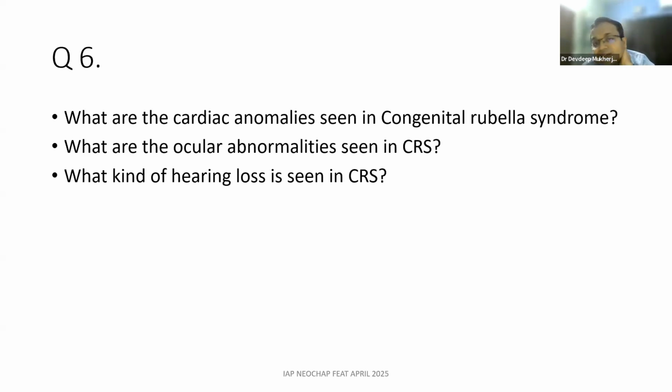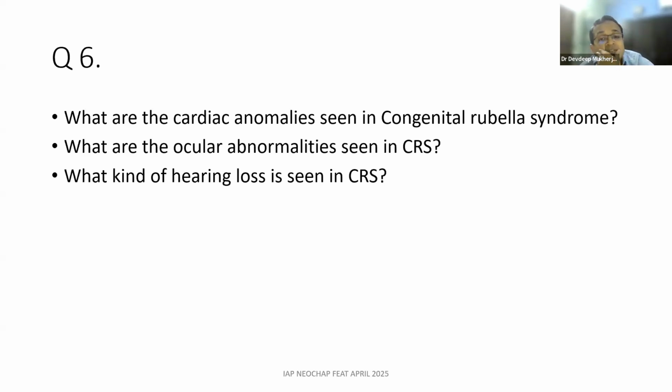So we are discussing congenital rubella over here. CMV retinitis is not the right answer. CMV is different from congenital rubella. Most of you have got the cardiac anomalies right: PDA and PS.